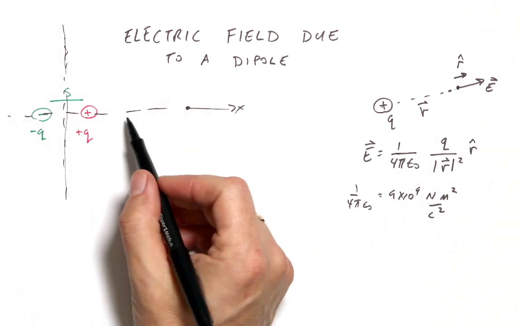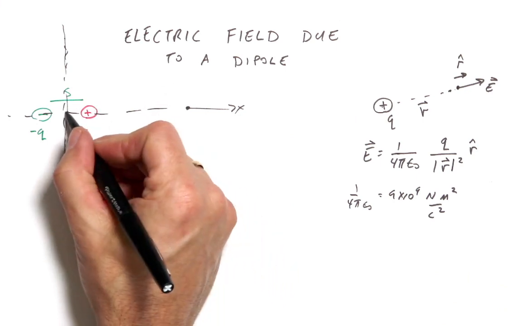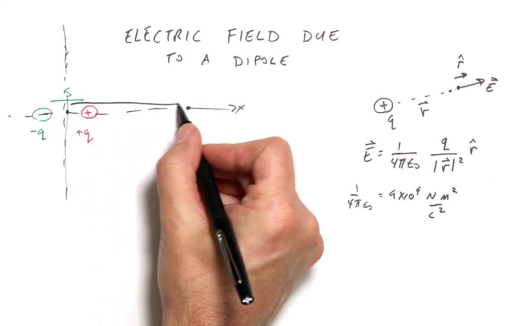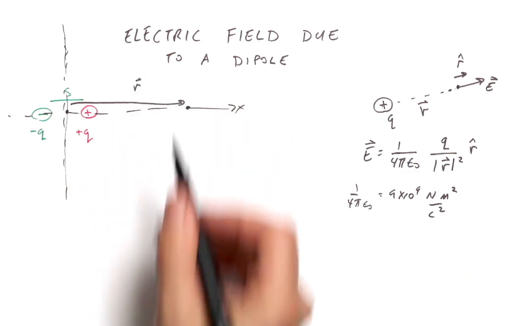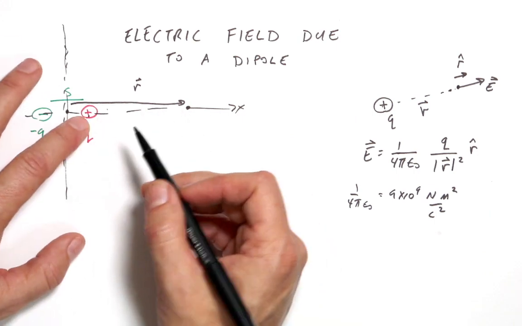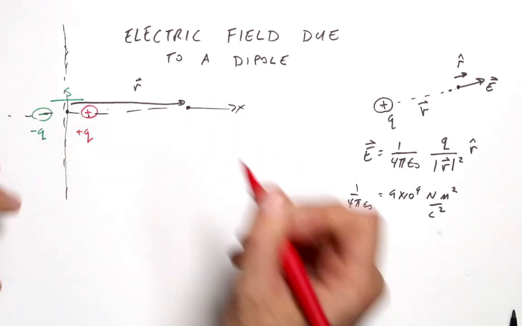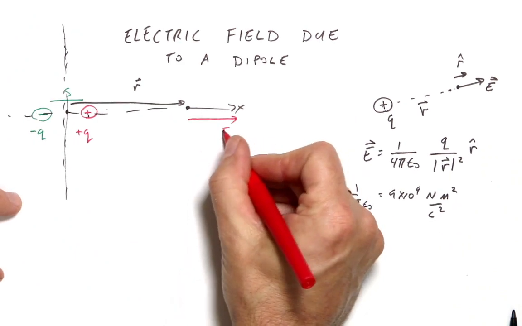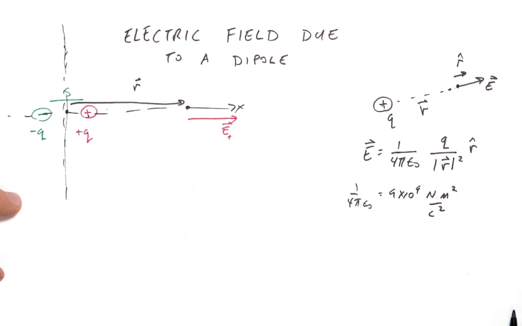So this is the vector r that I want to find. I have two electric fields. I have the electric field due to the positive charge, and since this is positive, it's going to be pointing away, and I should draw it in red. I'll call that E plus, because it's due to the positive charge.